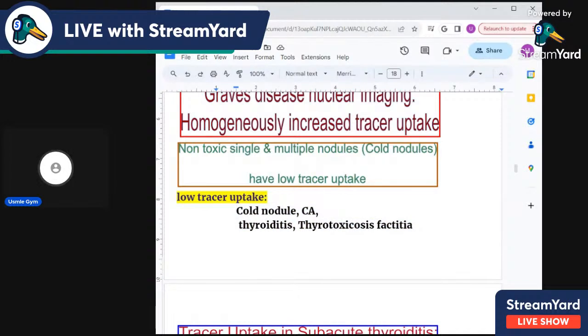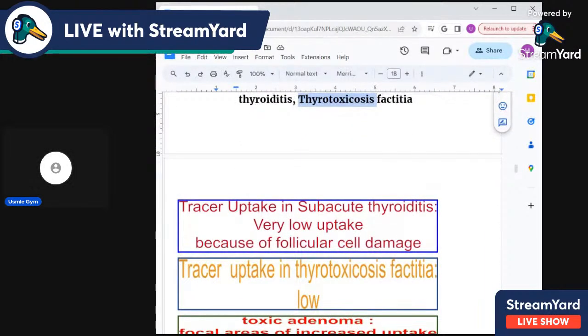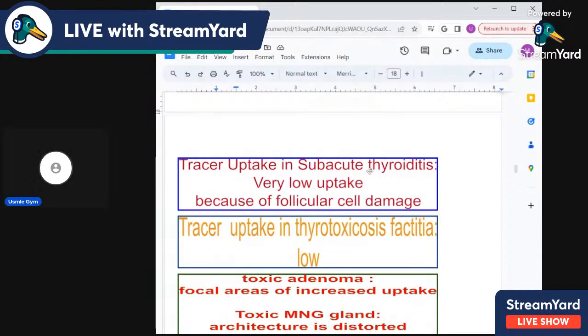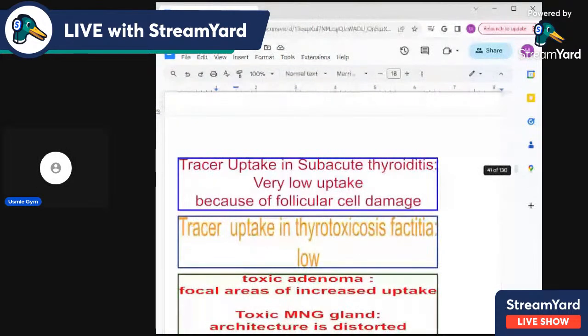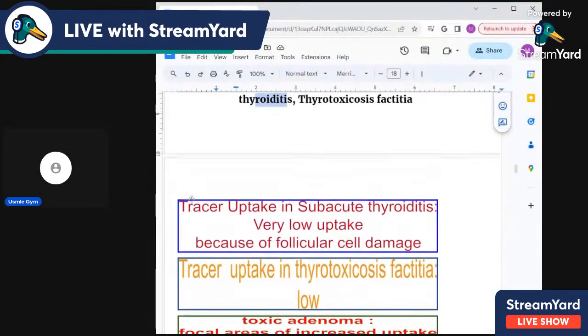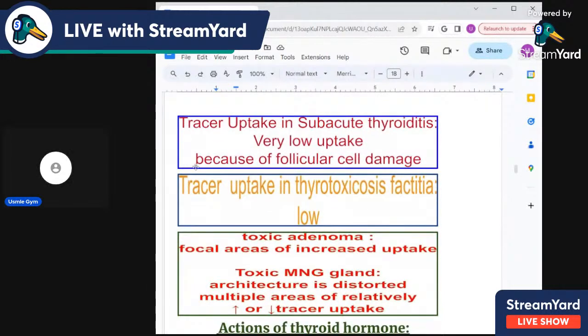Thyrotoxicosis factitia is different than the thyrotoxicosis where we have excessive uptake. But this one, thyrotoxicosis factitia, is the only thyrotoxicosis that takes low tracer uptake. In subacute thyroiditis, any thyroiditis, low tracer uptake. Cancer, low tracer uptake.